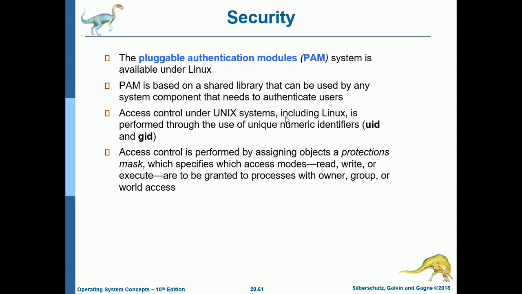Access control is performed by assigning objects a protection mask, which specifies which access mode, be it read, write, or execute, or all, or both, or none at all, is to be granted to processes with owner, group, or world access.